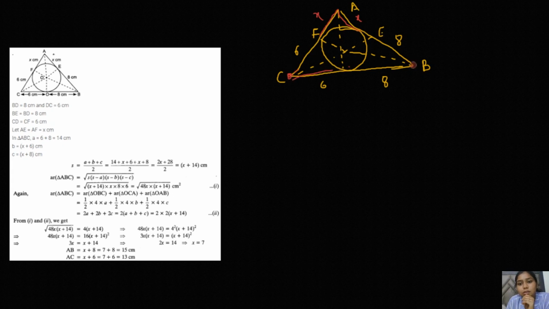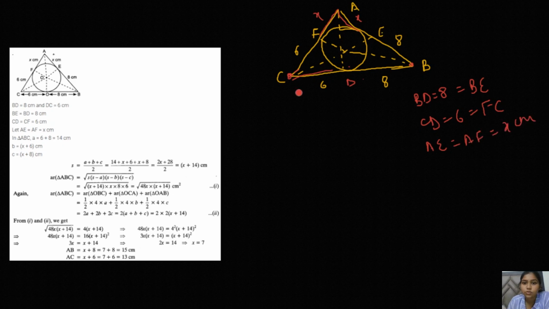And since B is the external point, both of these tangents must be equal, so both of them are considered as 8. Now we are given that BD equals 8 equals BE, and CD equals 6 equals FC. AE and AF we consider as x centimeters.